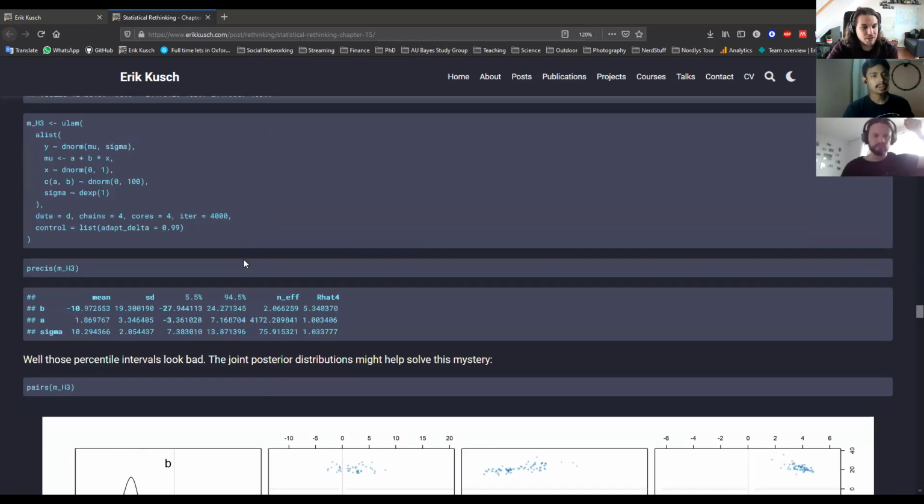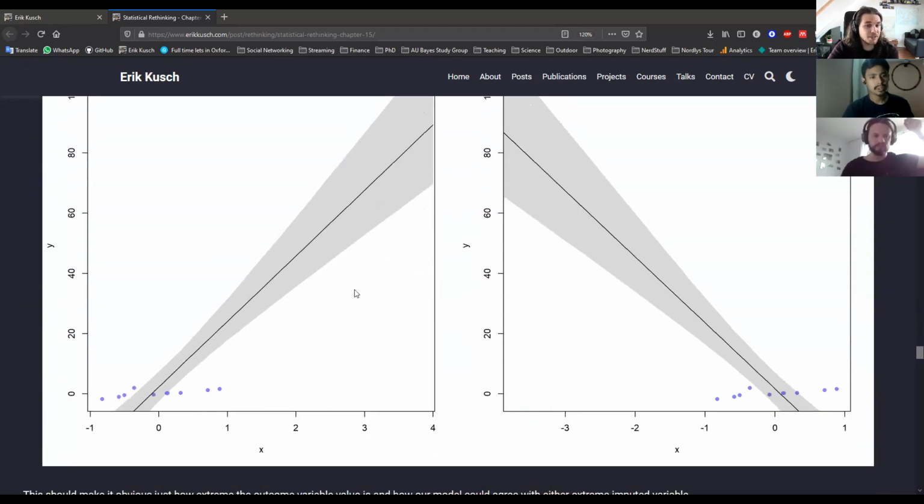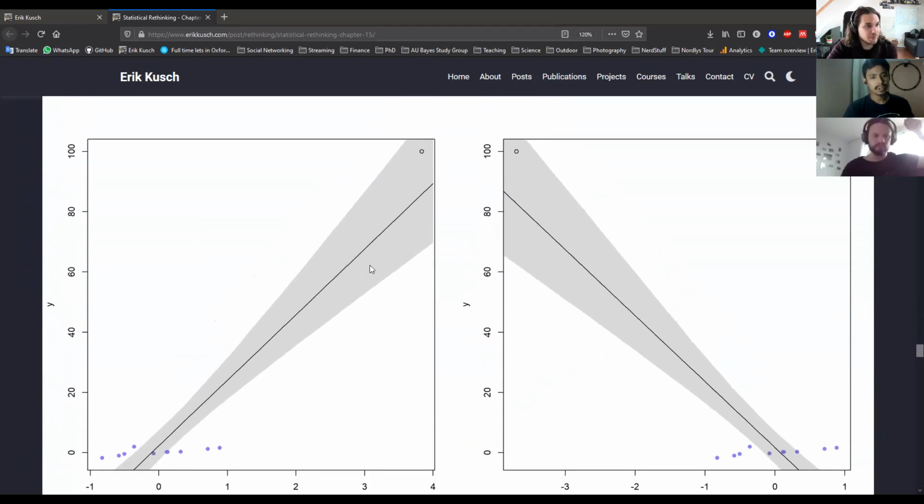The reason it struggles is that if we run this entire thing and plot the potential outcomes of the imputation, we could either have the imputation assume a super extreme X value on the positive side, and we would still have our nice regression line that is completely compatible with the actual data down here to the left.